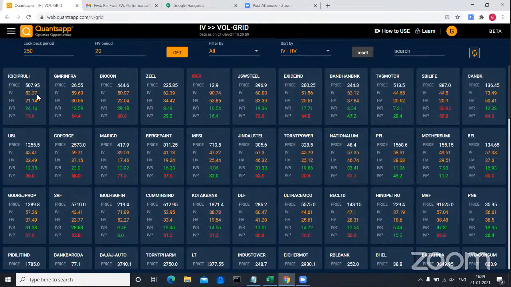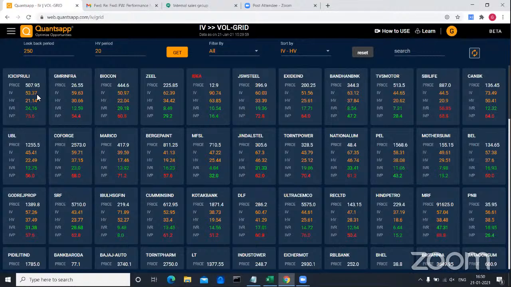Yeah, Mr. Pushpak said he got IVP. So I think we are clear with IVP and IVR, IV and HV. It will take a bit of time looking into IVR and IVP and understanding it. But with the formula I told you, you can see how the current volatility has been ranked depending on the previous levels, how high and low it was in the last year and where the current IV is.